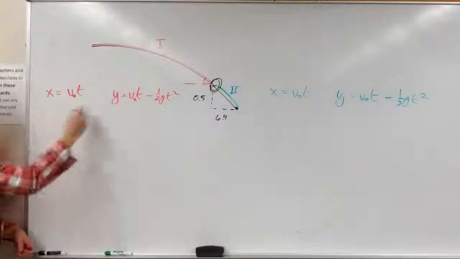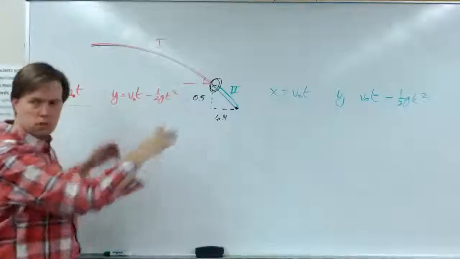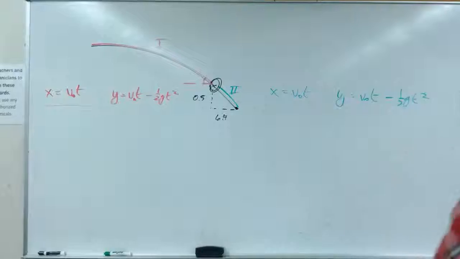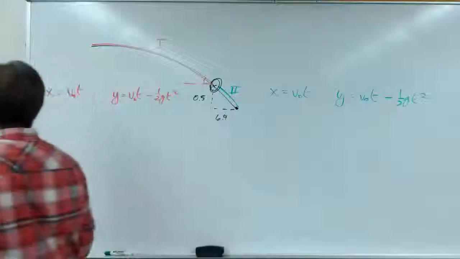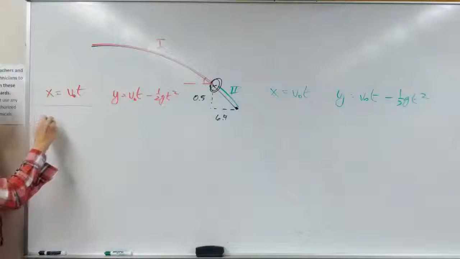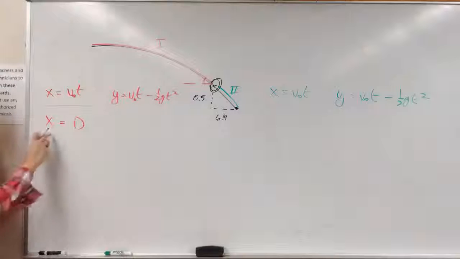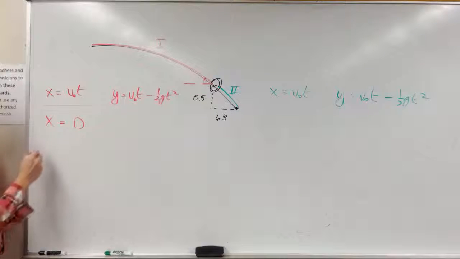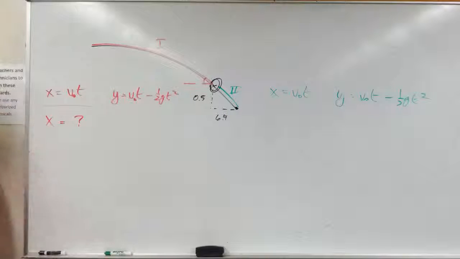Okay, what do I know about the x? Do I know this x distance, that red distance, the horizontal distance in red? No, but I do know I want to know it. So I'm going to indicate that by just writing it that way. This is what I want. Maybe more traditionally, I put a question mark there like I've always been doing.